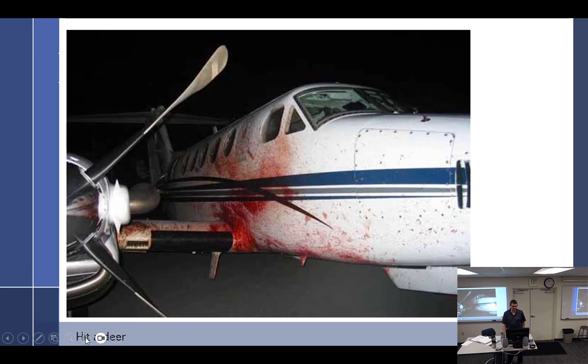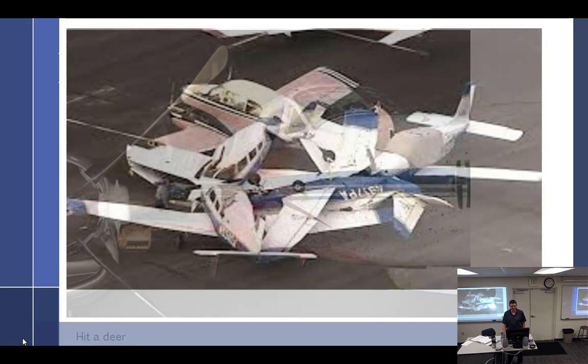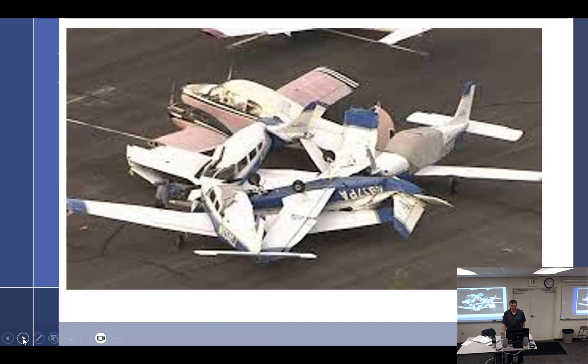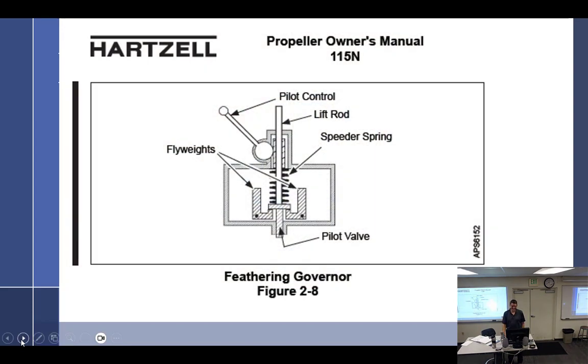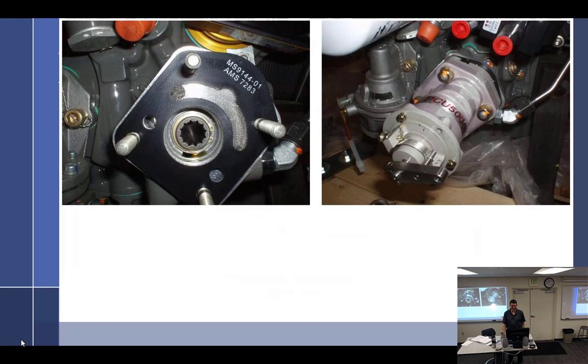Oh, I hit a deer down there at the bottom. And I hit a deer also? How did that happen in the middle of the day?